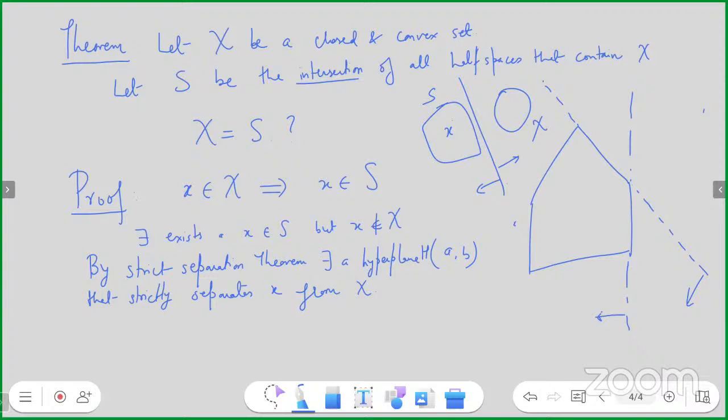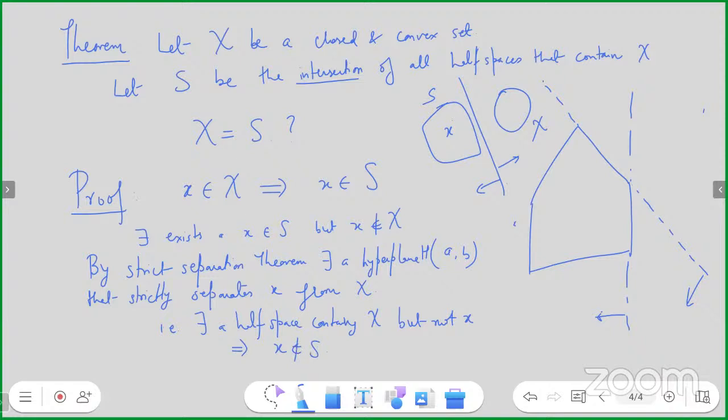So what I wanted you to write was the following. That is, there is a half space containing chi but not x. And so essentially x does not belong to this. That's the punchline.